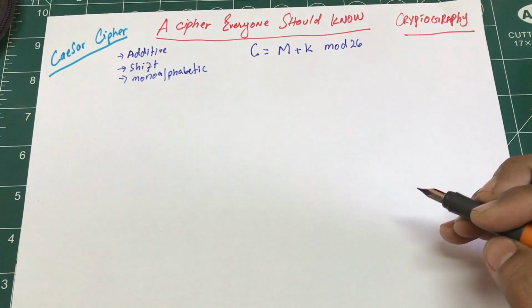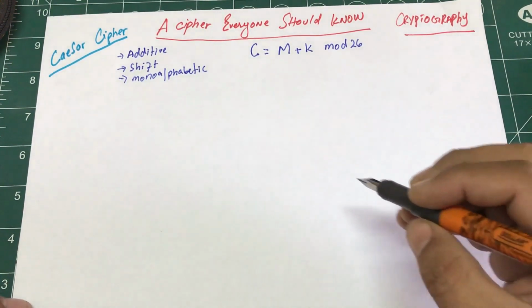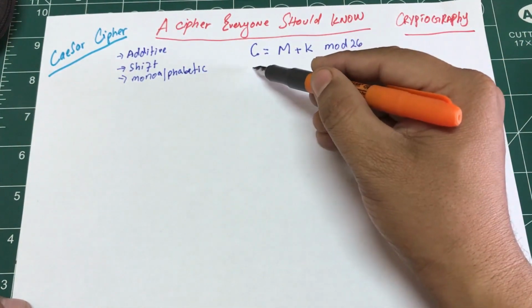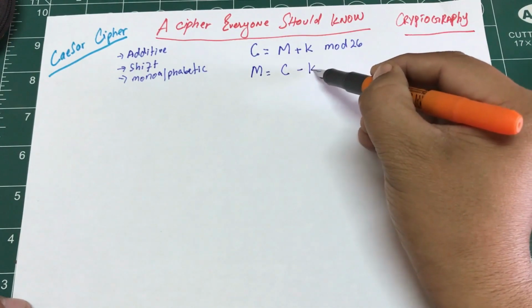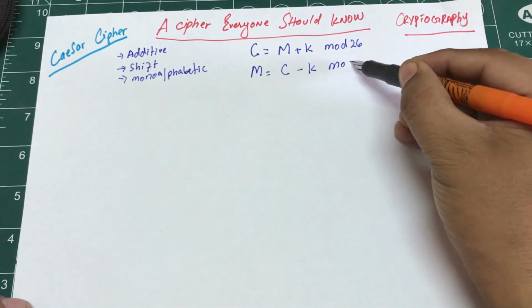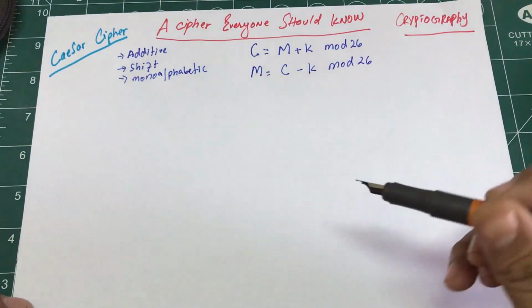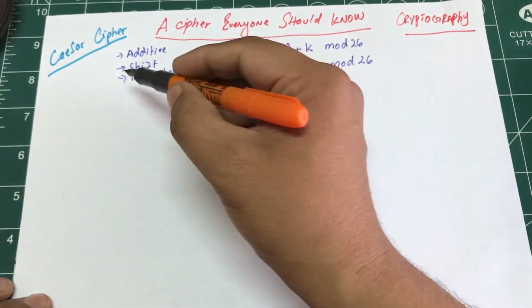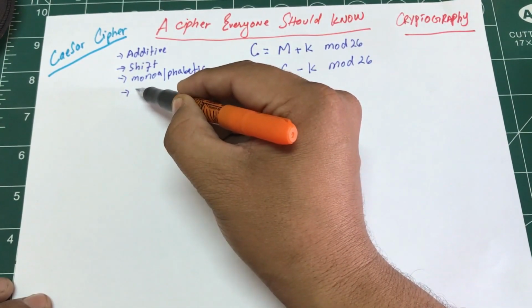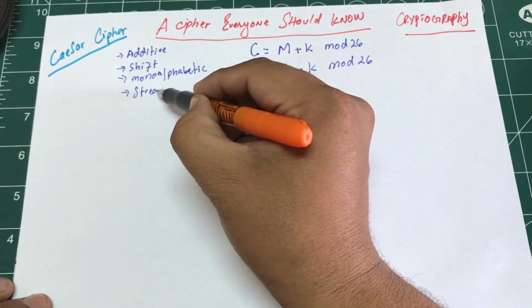So it's a monoalphabetic cipher. In order for me to decrypt my message, the message is going to be C minus K mod 26. So it's additive, shift in nature, monoalphabetic, and a stream-based cipher.